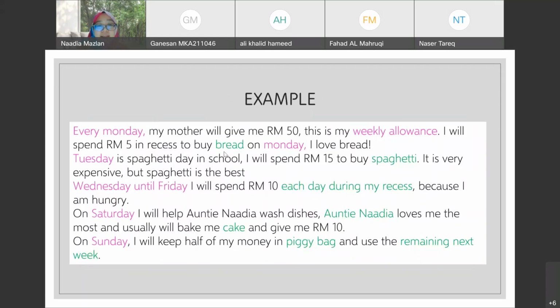Next, we'll check the items that we're going to get, the components of it. It is in green color. On Monday is bread, on Tuesday is spaghetti, on Wednesday until Friday is just paying for lunch during recess. On Saturday, Auntie Nadia is the one who gives money and usually bakes cakes. And then on Sunday, piggy banks and use it for another week.